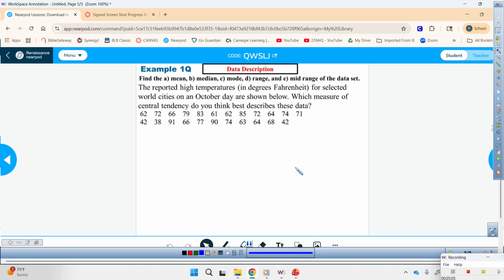So to get our distribution started, what do? Step 1, pass someone, Hades. Gio. We need to get a distribution. What do? Range. All right, so find the range, guys. What is the highest one? 91. And the lowest?